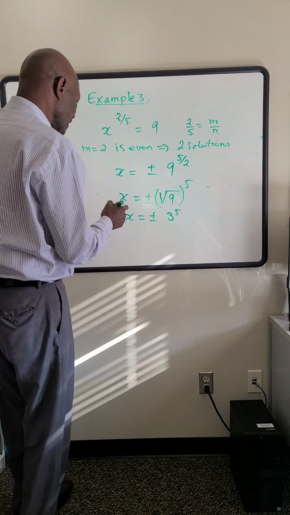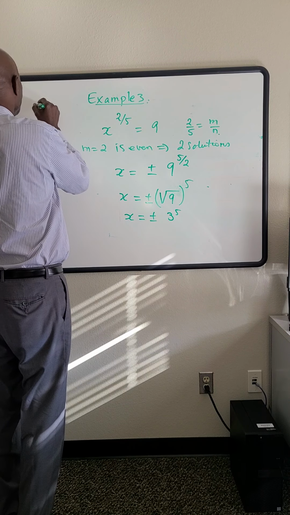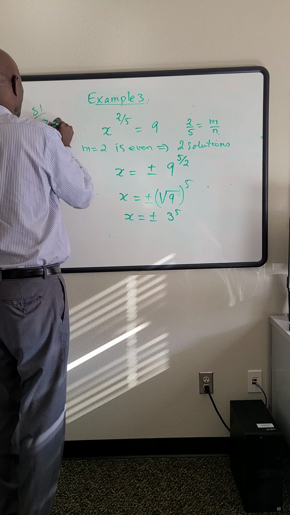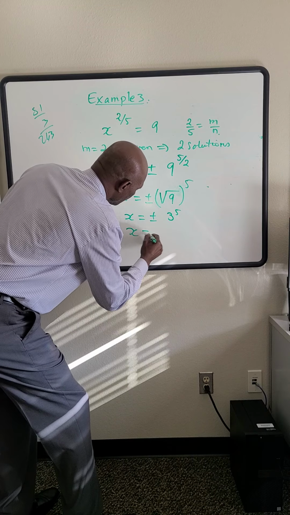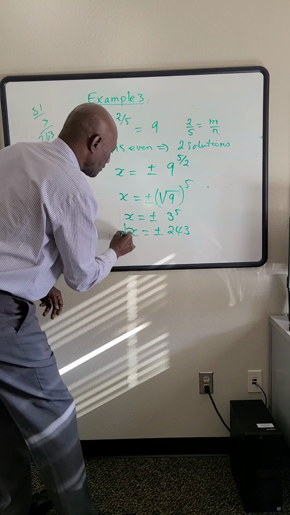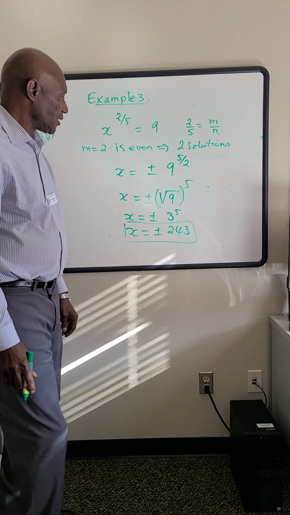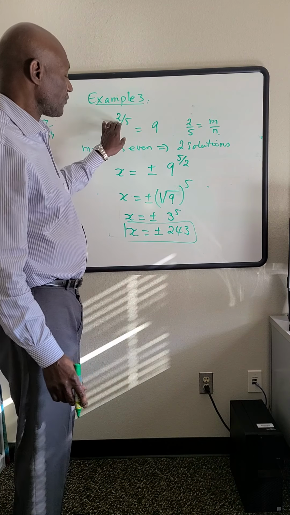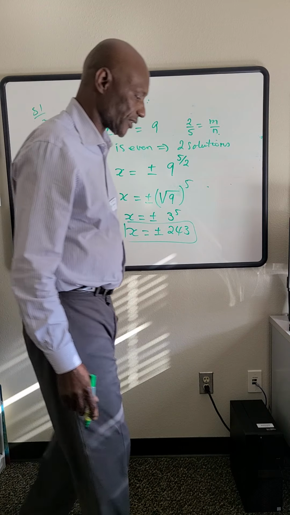So we can calculate 3 to the 5th power: 9 times 9, 3, 243. So these are the two solutions for this equation, okay? Remember, when the numerator is even, introduce a plus or minus. When it's odd, there is one solution.